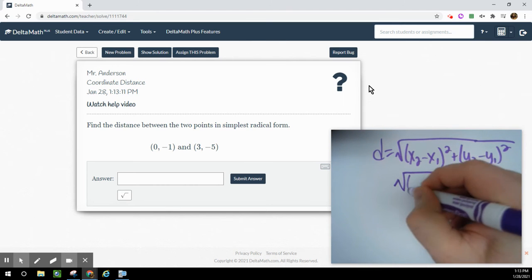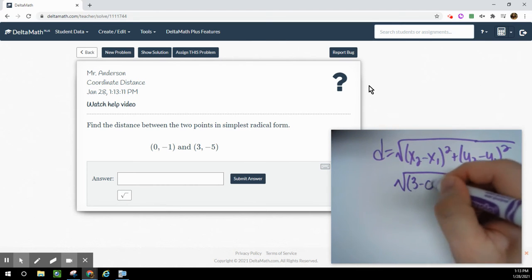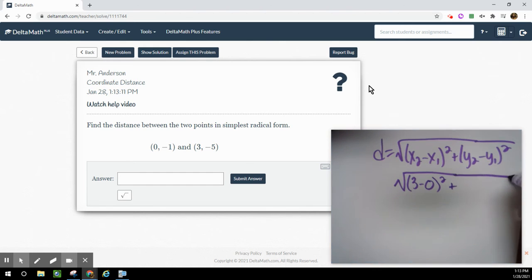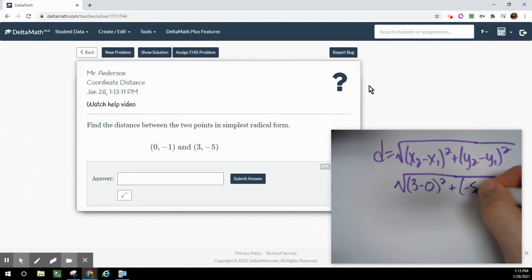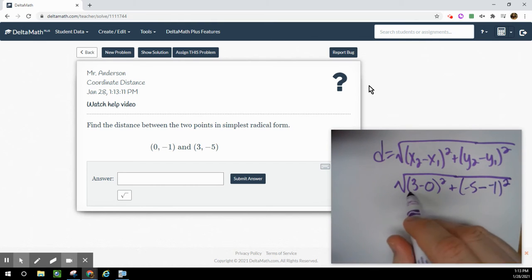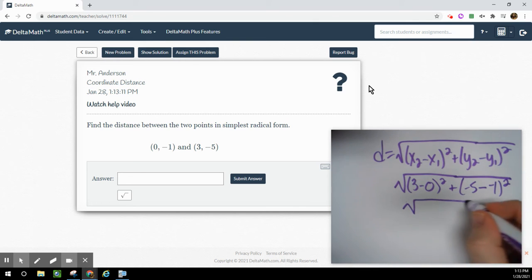So 3 minus 0 squared are the x values, and -5 minus -1 are the y values. 3 minus 0 is 3, and 3 squared is 9. -5 plus 1 is -4, which when we square it is 16. 9 plus 16 is 25, so this one works out just to 5.